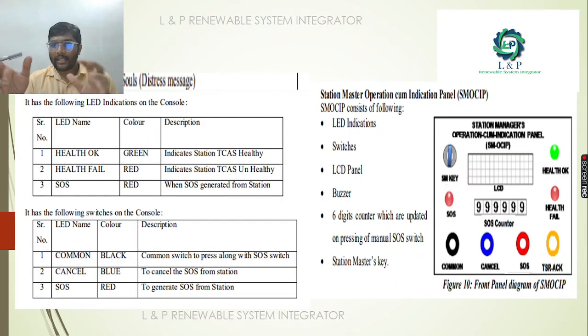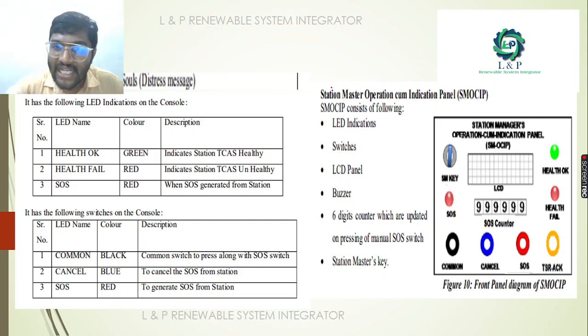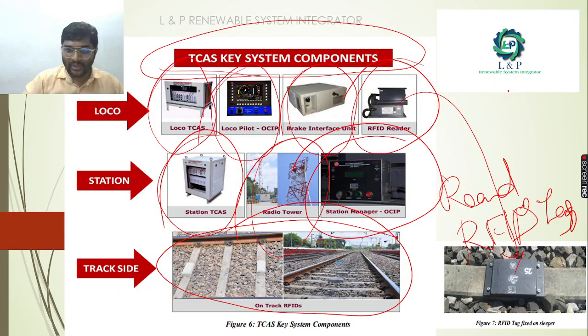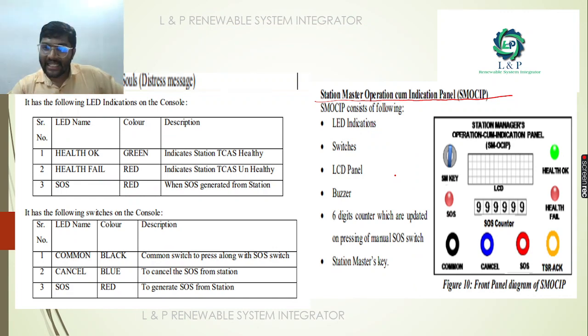Now since we have discussed SMOCIP, which means station master operation cum indication panel, this is the panel which we are talking about. In the station master's operation cum indication panel, we have an indication for health. If it is healthy, it will be green.